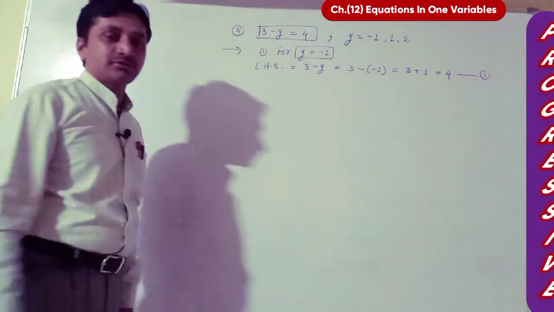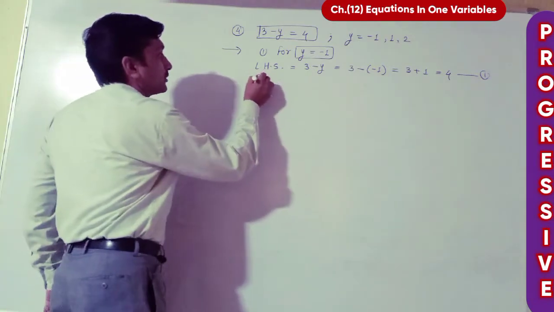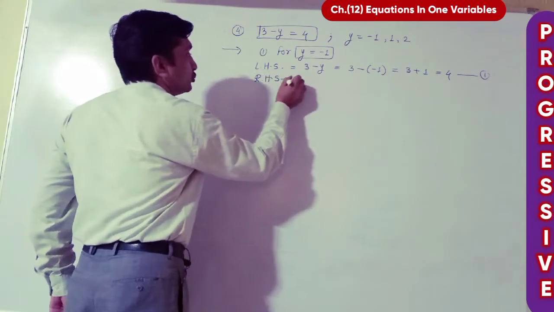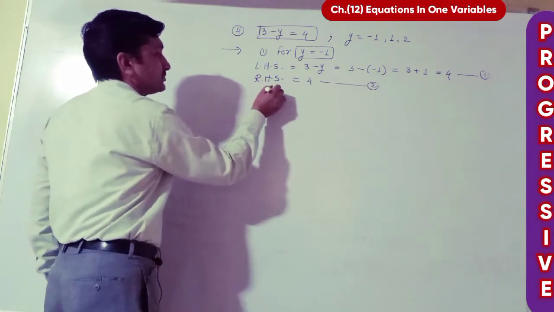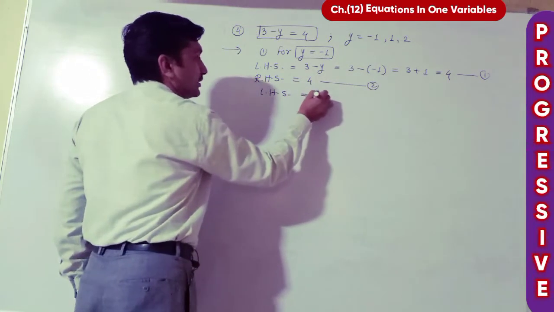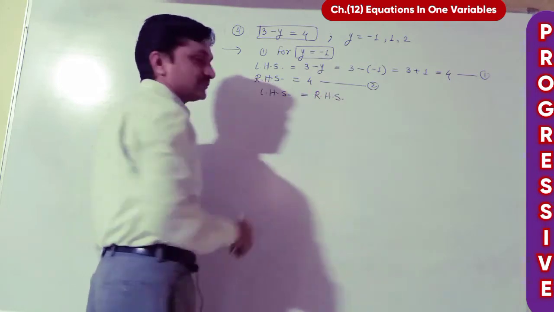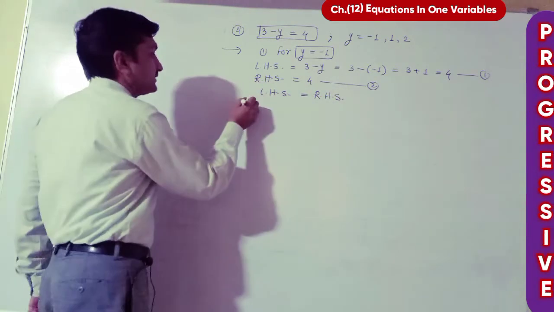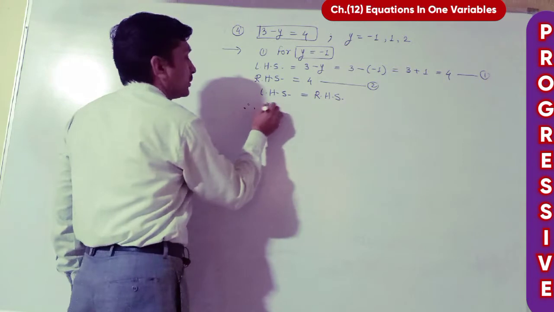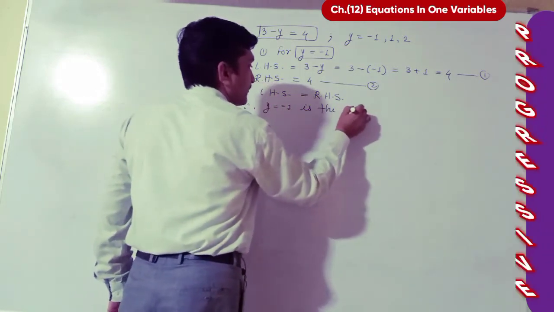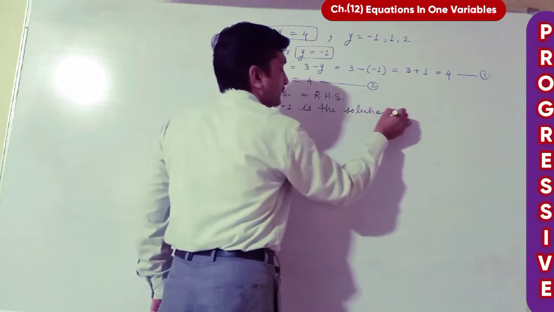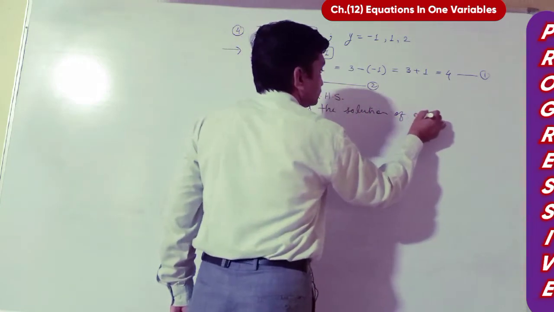Left hand side we got 4, right hand side is already given 4, second. Therefore here LHS is equal to RHS, and as both sides are equal, we can say y is equal to minus 1 is the solution of the equation.